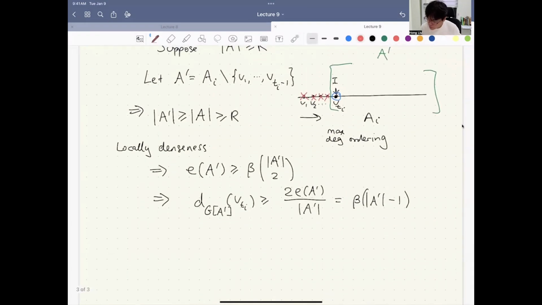That means we have lots of neighbors, sort of a beta fraction. And these ones, we're going to kick them out to move to the next set, AI plus 1.